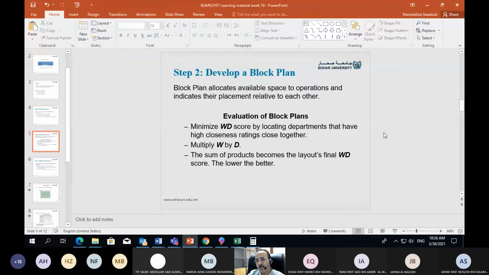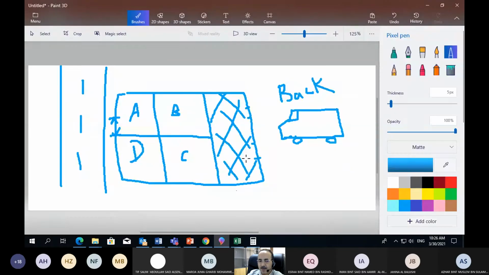Now, once we gather the information, then we develop block plans. In developing block plans, we are allocating the available space to operations or to departments and indicating their placement relative to each other.